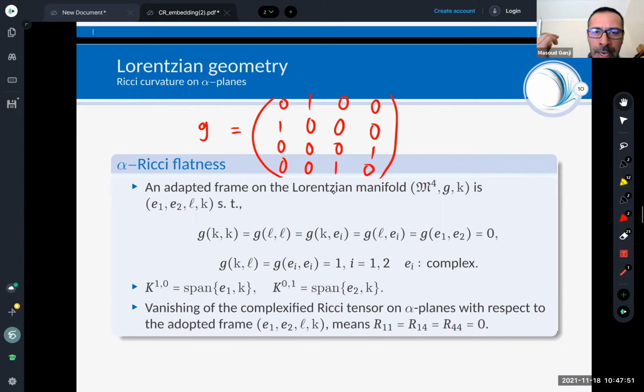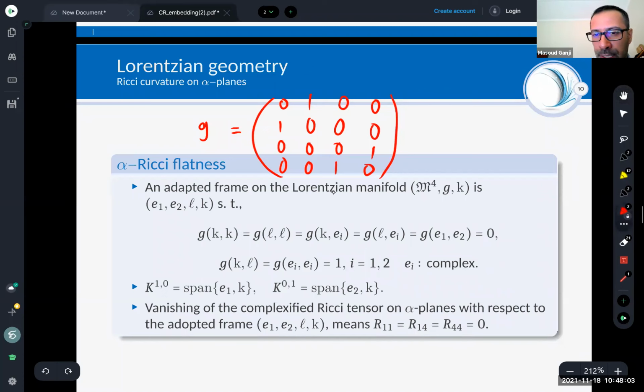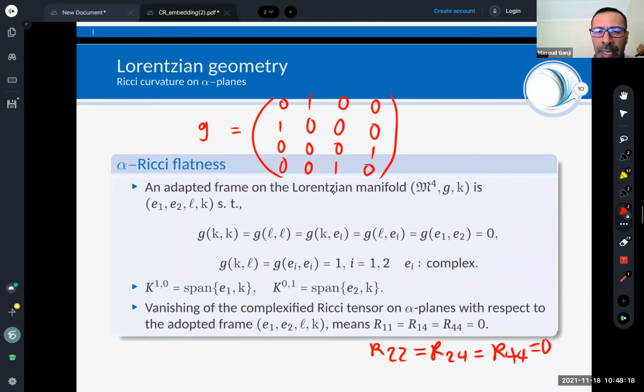When we say the metric vanishes on the complexified alpha plane, we actually mean R11, R14, and R44 are 0. Similarly, because 1 and 2 are conjugate to each other, we automatically have this. And of course, 4 is real. We have this condition. This is what we need for the embeddability, but for a very special metric.